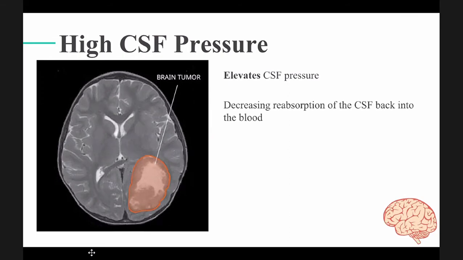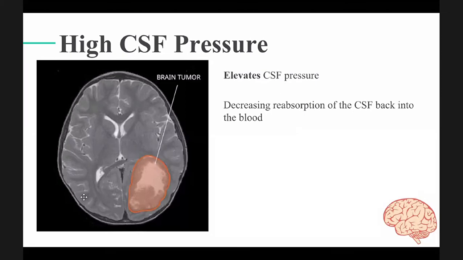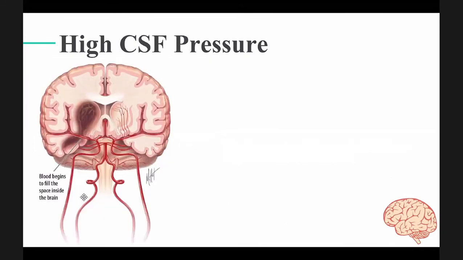And decreasing reabsorption of the CSF back into the blood, meaning if this tumor is obstructing the arachnoid villi, it would decrease the reabsorption of CSF and at the same time can also elevate the CSF volume and pressure. And it can rise as much as 500 millimeters of water or 37 millimeters mercury, which is about 4 times normal.